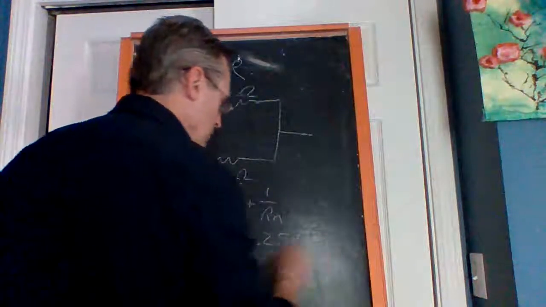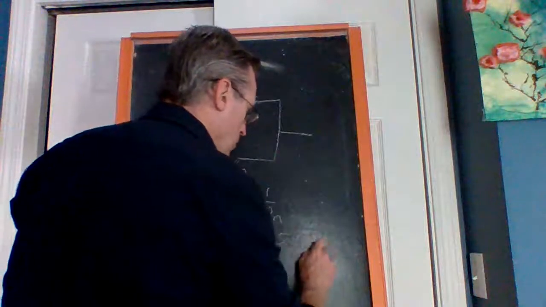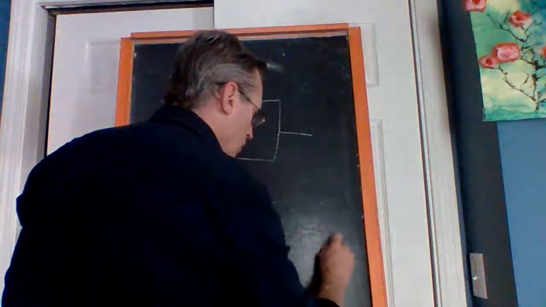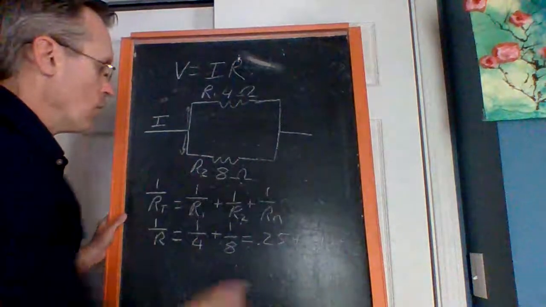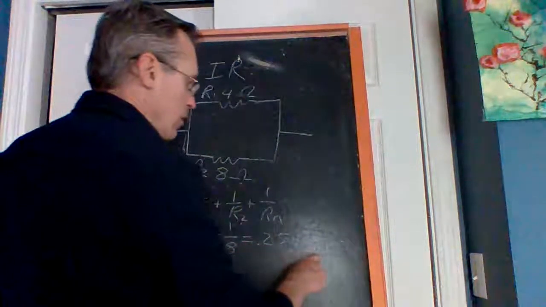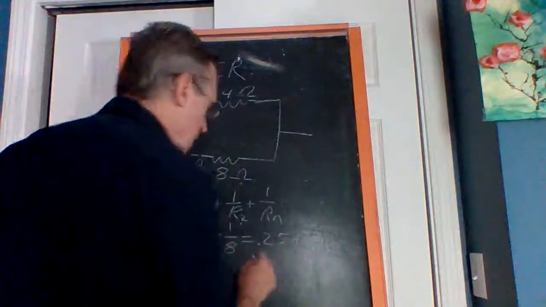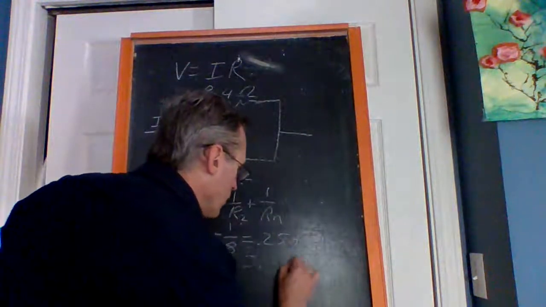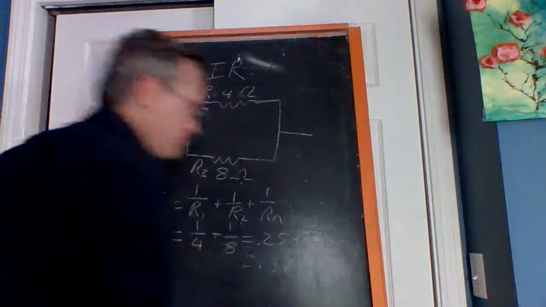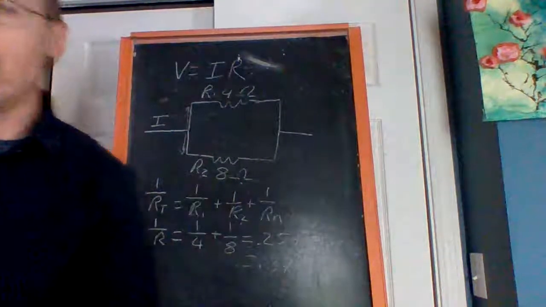But it's like half of that, like 0.125 or something like that. So 0.125 plus 0.25 is 0.375. Tracking on that?